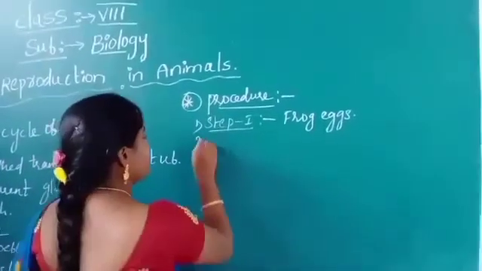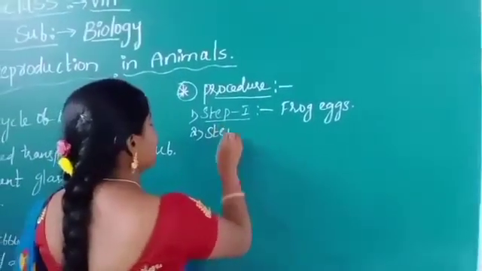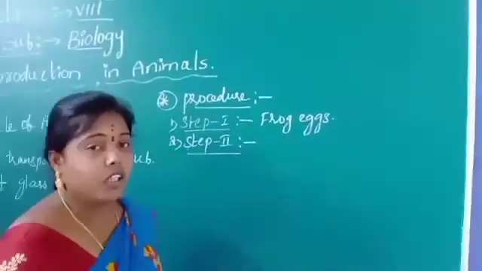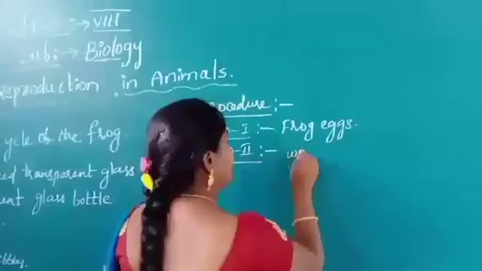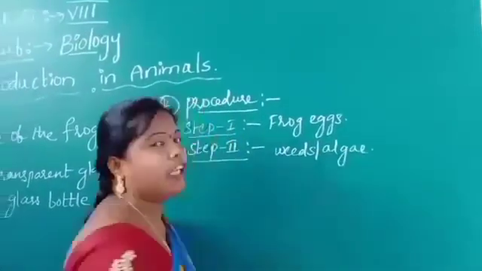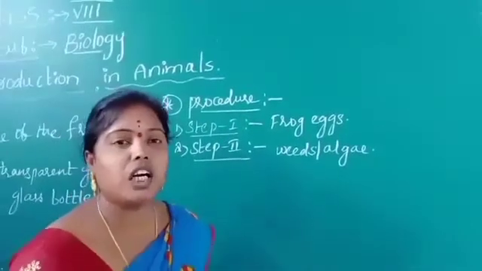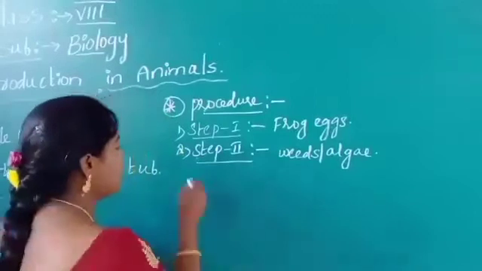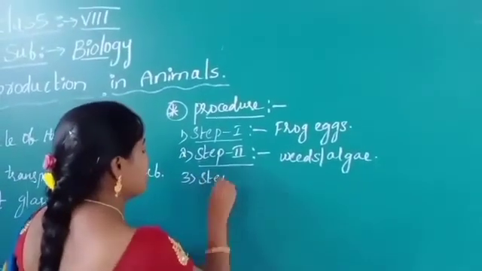Next, step 2. Children, keep weeds and algae into the glass tub containing eggs. Next, step 3.